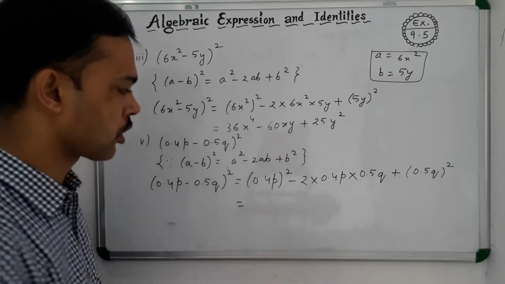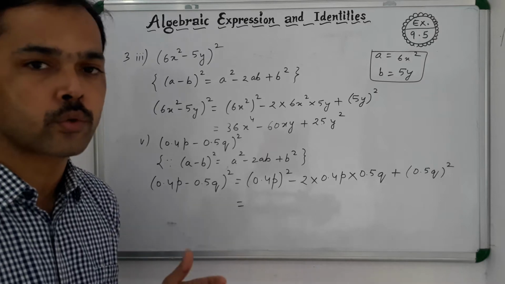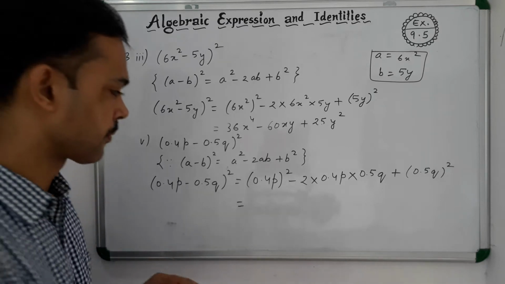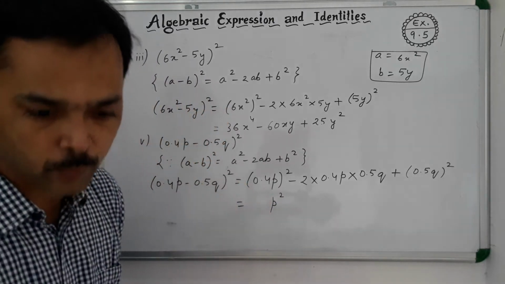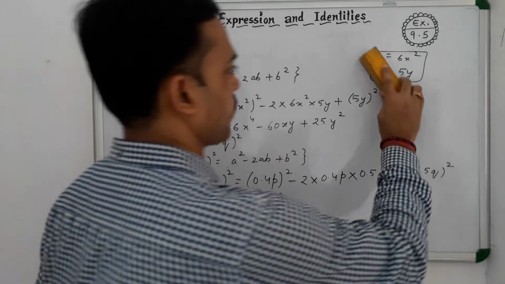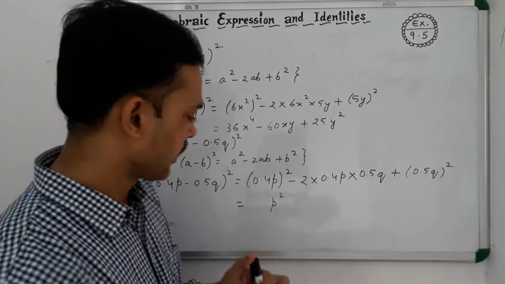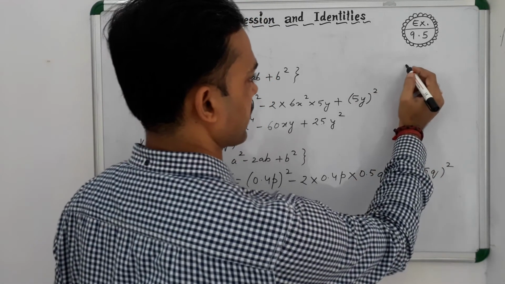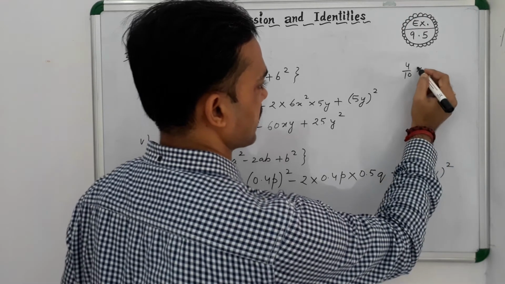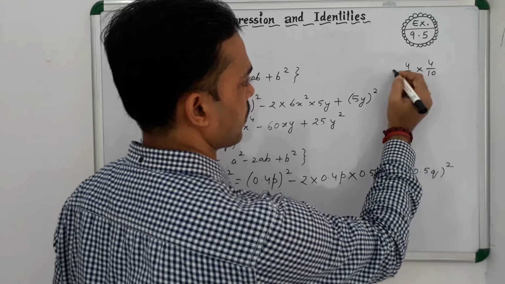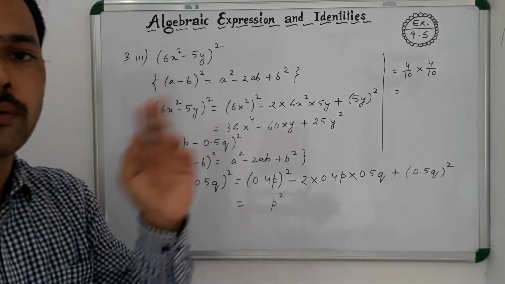Now see, this (0.4p)² means 0.4 into 0.4 into p into p. P into p will be p². But what will be 0.4 into 0.4? I am showing you people two steps. This 0.4 can be written as 4 by 10. Its square means 4 by 10 into 4 by 10.